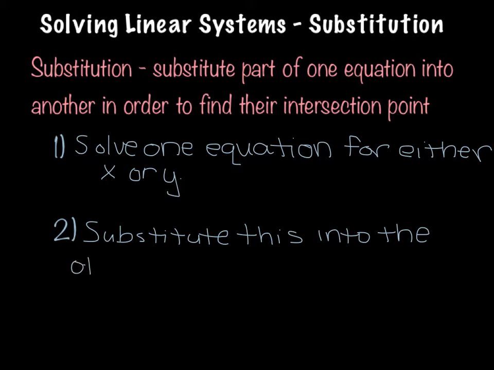The biggest thing here is don't accidentally substitute it back into itself, otherwise you'll end up getting that 0 equals 0, because that's always a true statement. So make sure you're substituting it back into the other equation that you haven't used yet.